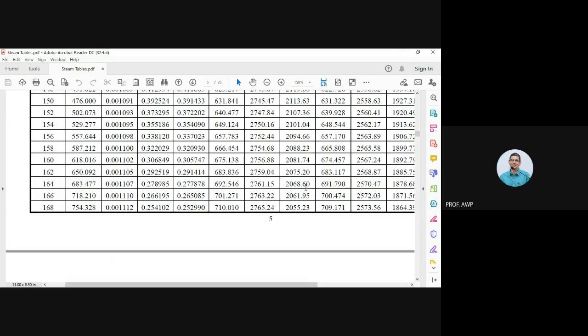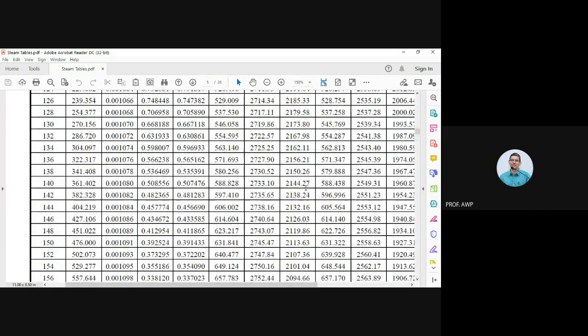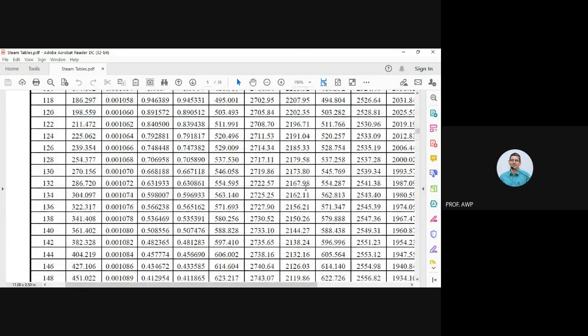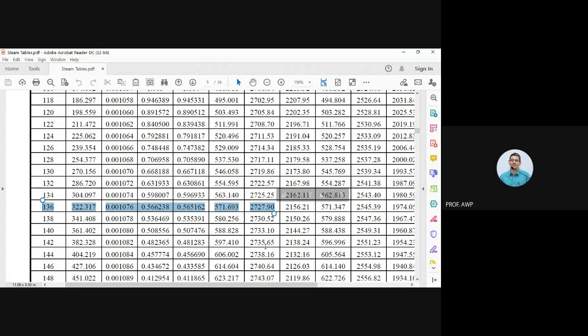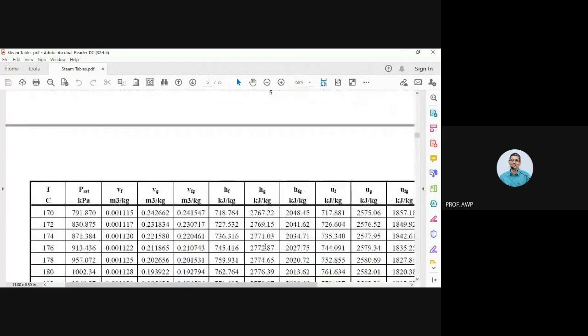Whereas if we decrease the pressure, at 136 or 137, let's say, it was 2727. So 2700 versus 2013, which has higher latent heat?